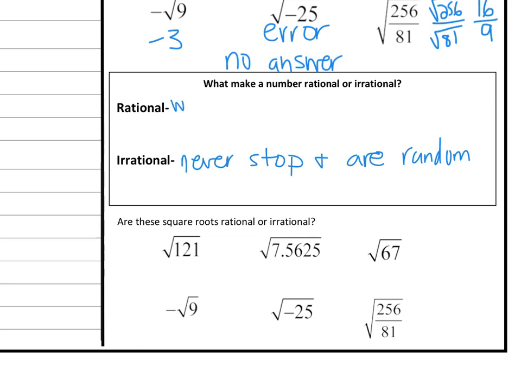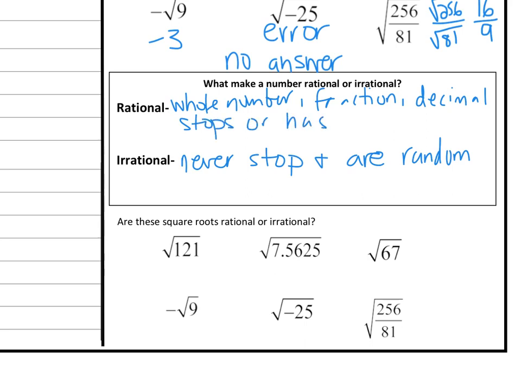So rational might be a whole number, rational might be a fraction, rational might be a decimal that stops, so like 2.5, a decimal that stops or has a pattern. So if it is 0.13131313 with a pattern, it's rational. Random and never stop are the ones that are irrational.